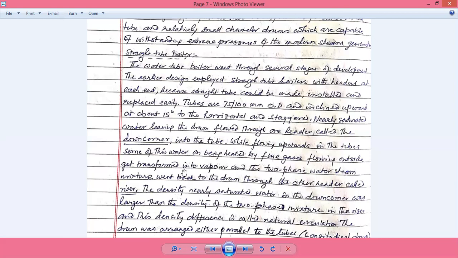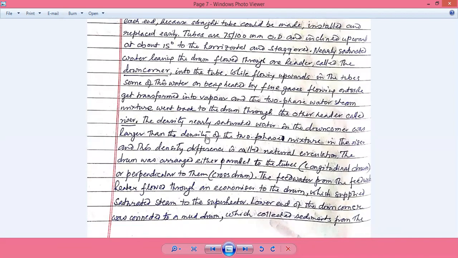By the pressure of the incoming water, the water flows through the tubes, and some is heated by the flue gases flowing outside the tubes, and thus transformed into a two-phase water-steam mixture, which goes back to the drum through the other header called the riser.